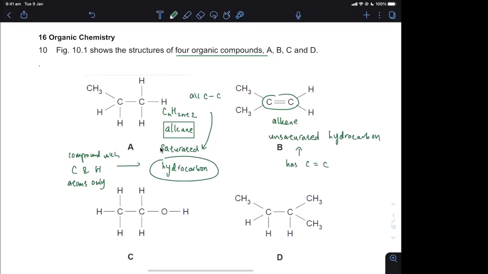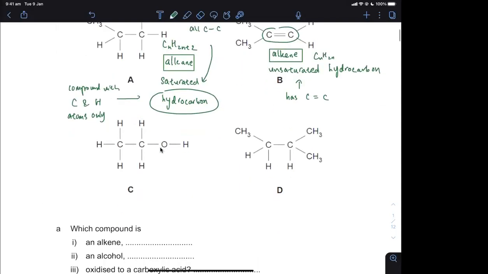So in this case, it has a carbon-carbon double bond. Unsaturated means it's not yet completely used up. So it's got these double bonds, which allow addition reactions onto alkenes, whereas alkanes only undergo substitution reactions because they're already saturated. So alkene is CnH2n. Anyway, on to the next one.